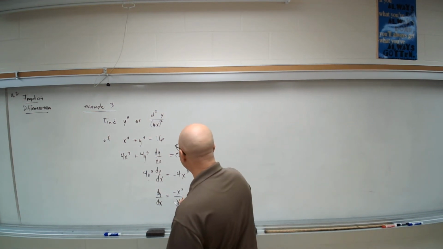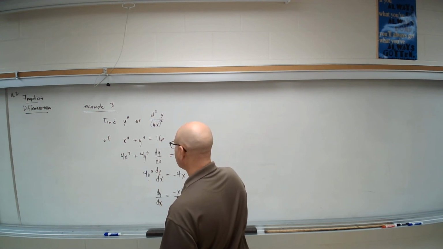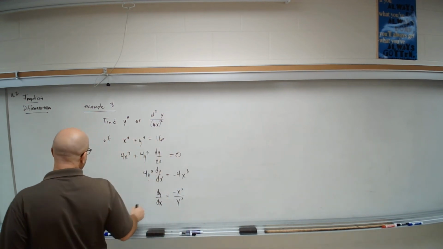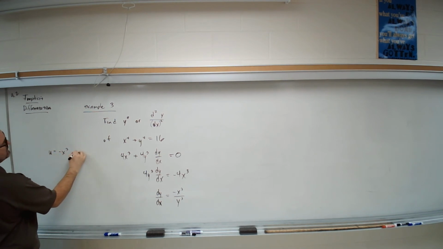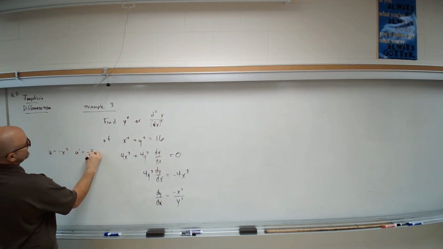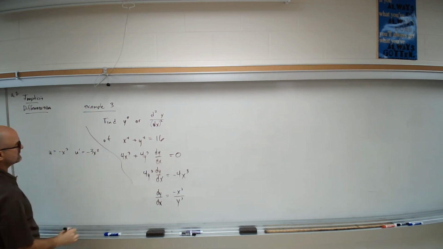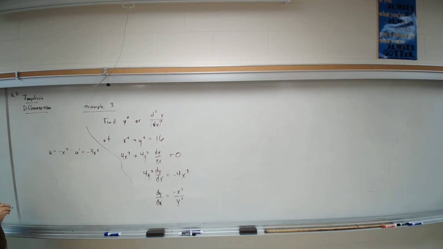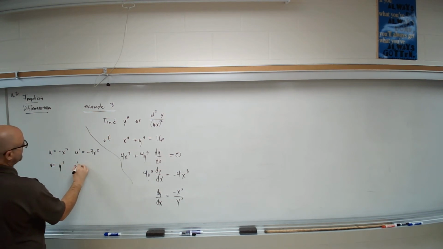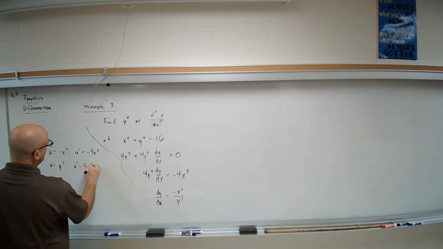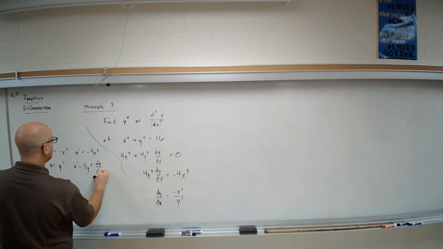So for this one, if we look at this right-hand side here, we're going to say that u is negative x cubed. So u prime would be negative 3x squared. Is that okay? And then v is y cubed, and v prime would be 3y squared dy dx.